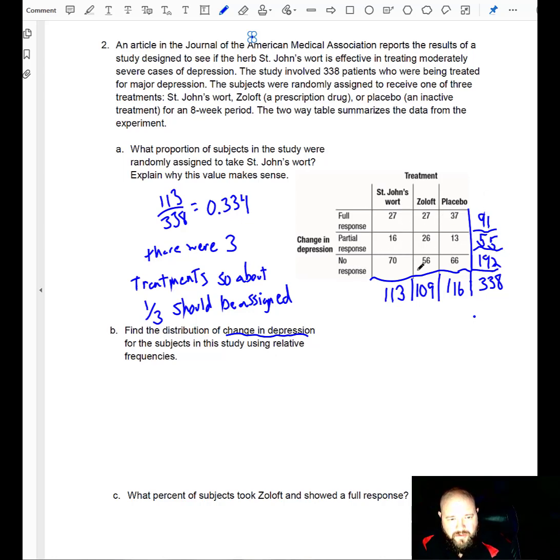And it wants to find the distribution overall. So we're finding these distributions. We're simply taking our row total over our overall total for everything.